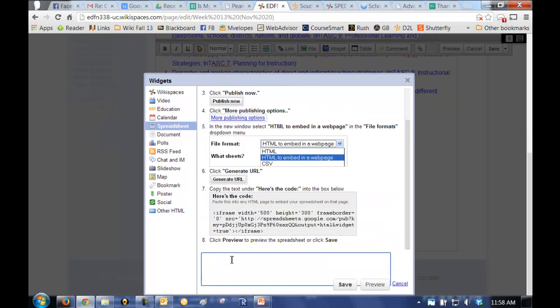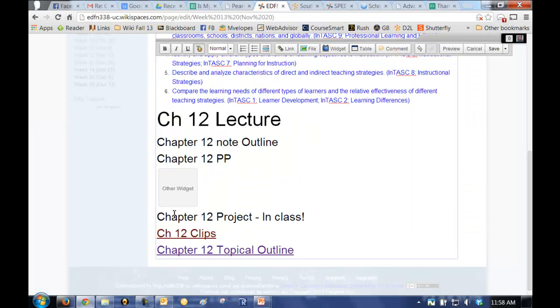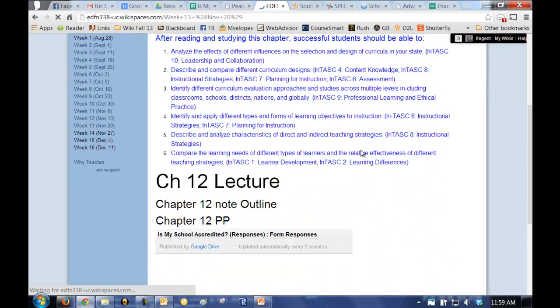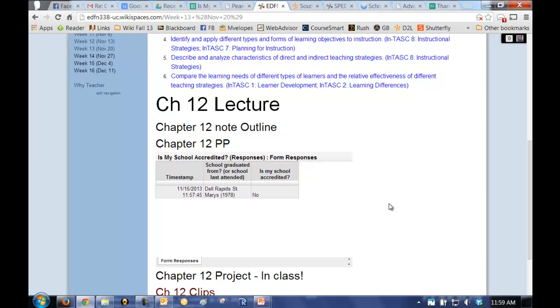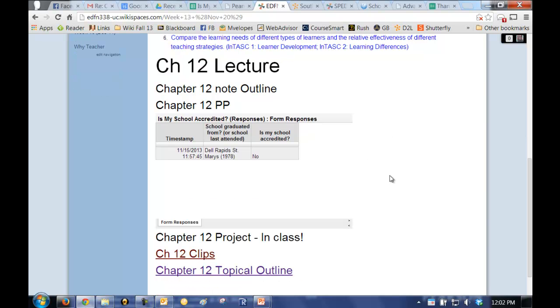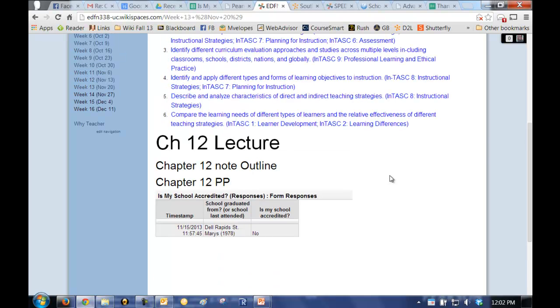And now I simply paste this in here, and I tell it to save. And it looks like that till I save this. And it comes in like this. And you may have to slide down a little bit when it gets full to see them all, but that's where they'll be, right in there. Okay, and that's how we'll do accreditation there.